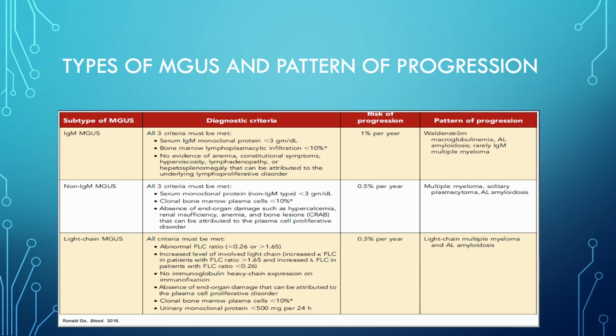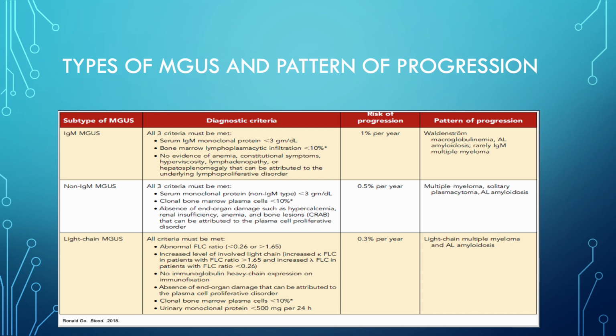Now we'll be talking about the types of MGAS and pattern of progression. So we have three subtypes of MGAS: IgM MGAS, non-IgM, and then there's a light chain MGAS. The diagnostic criteria, the risk of progression, and the patterns of progression are also seen. You can see it on the screen in front of you. With the IgM MGAS, the diagnostic criteria is that all three criteria have to be met.